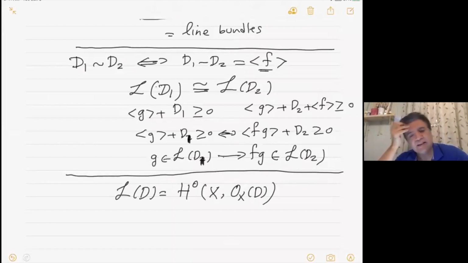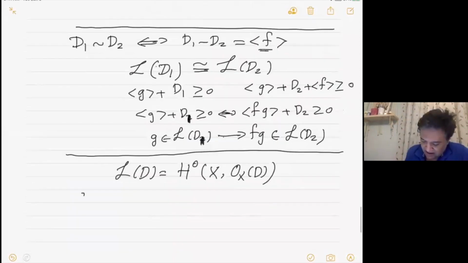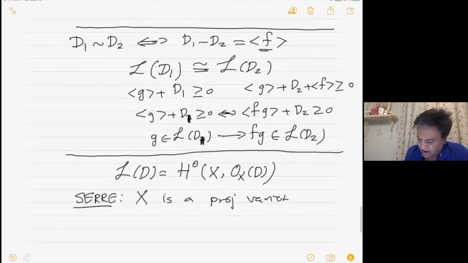Serre, in a very famous paper about algebraic coherent sheaves, has proved that all these cohomologies are finite dimensional. So in fact, there is a result that says that if X is a projective variety and F is a coherent sheaf, then... If you don't know these terms, that's okay.